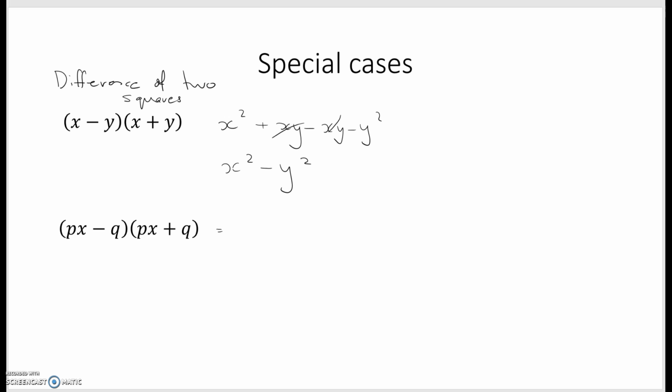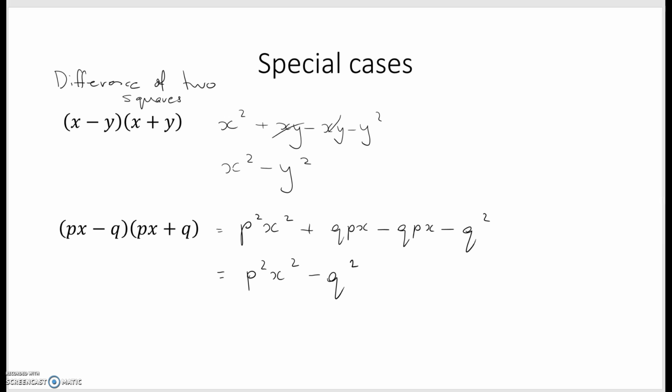Slightly more complicated for this last one on the sheet. It would be p squared x squared plus qpx minus qpx minus q squared, and the middle two terms cancel out and we're left with p squared x squared minus q squared.